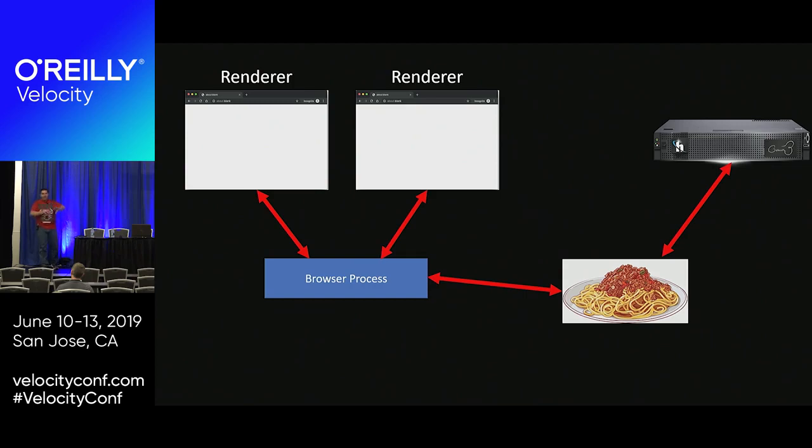It's a security sandbox, runs in a completely separate process. The browser process is shared across all of them and has the code that's safe and allowed to do I/O, and that's where the networking happens within Chrome. All of the different renderers talk to the one browser process, which is what talks over the internet to your server.